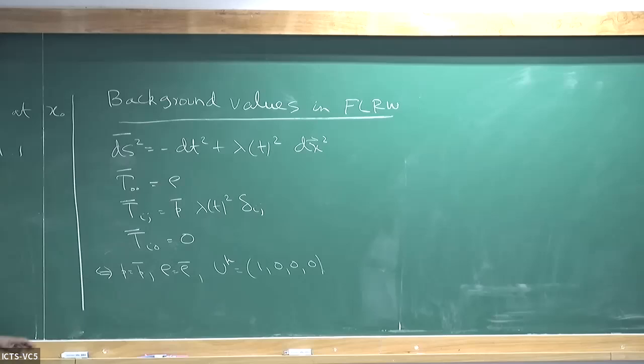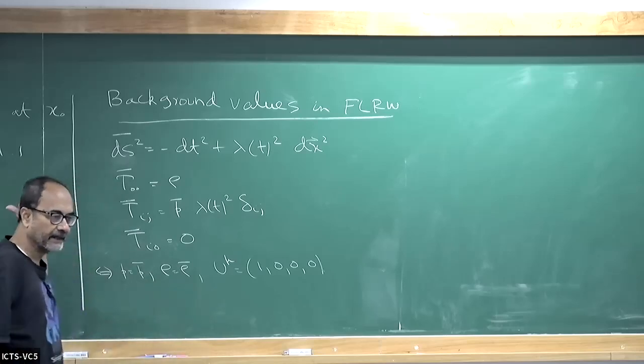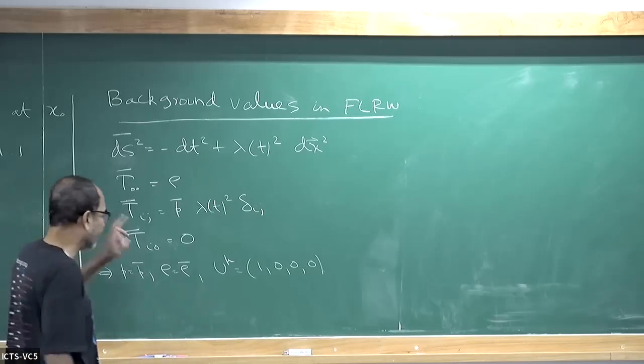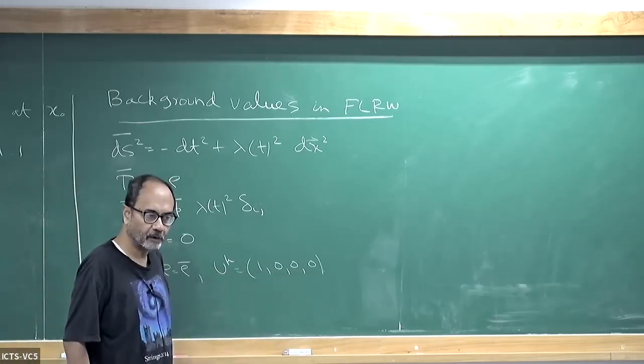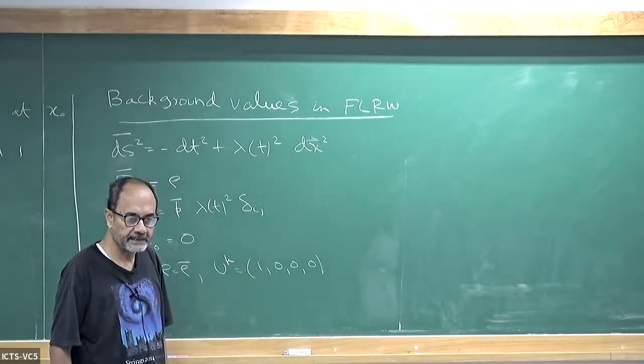Yes, we are just taking this perfect fluid form and seeing what it means for the background. Now, the fact that the background has P equal to P bar, rho equal to rho bar is not surprising. That's the way we had parameterized it. But the extra thing that we learned is that the background corresponds to U mu being equal to (1, 0, 0, 0). Is that clear?